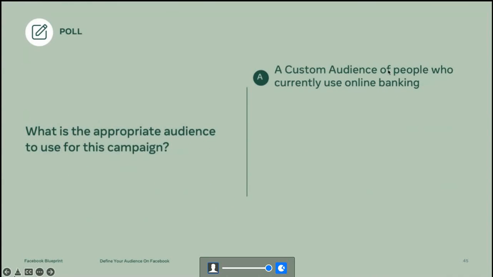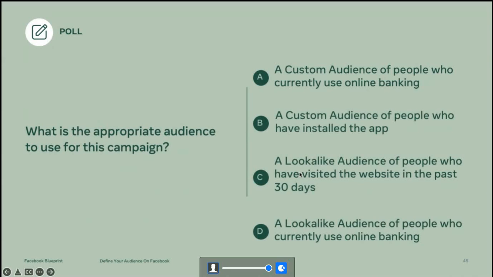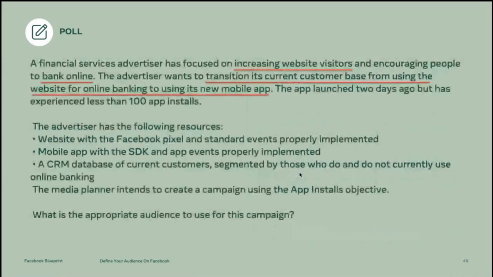These are the option answers you have given. Some of you have gone with option C, D, and most of you have gone with option A, create a custom audience. Looks like some of you went with creating a lookalike audience for a very simple reason. If you see, for online banking, they want the customers to use their new mobile app. Had this been 1 million app installs, then we would have created a lookalike audience.